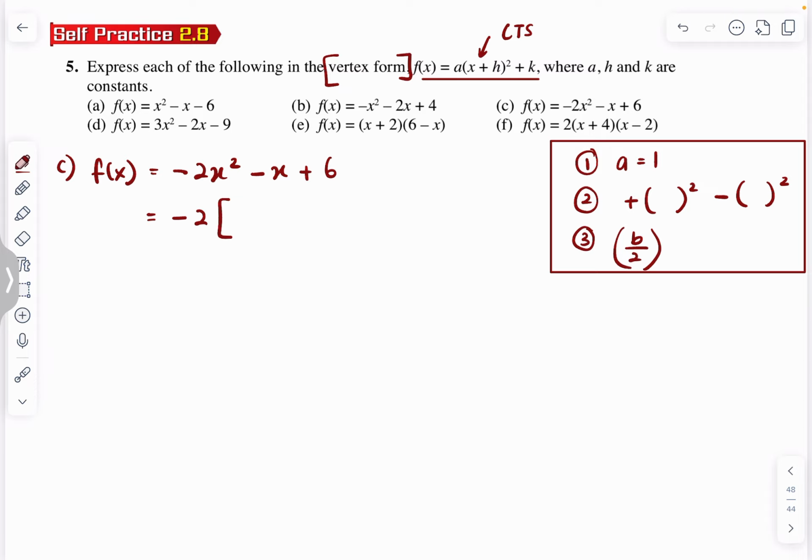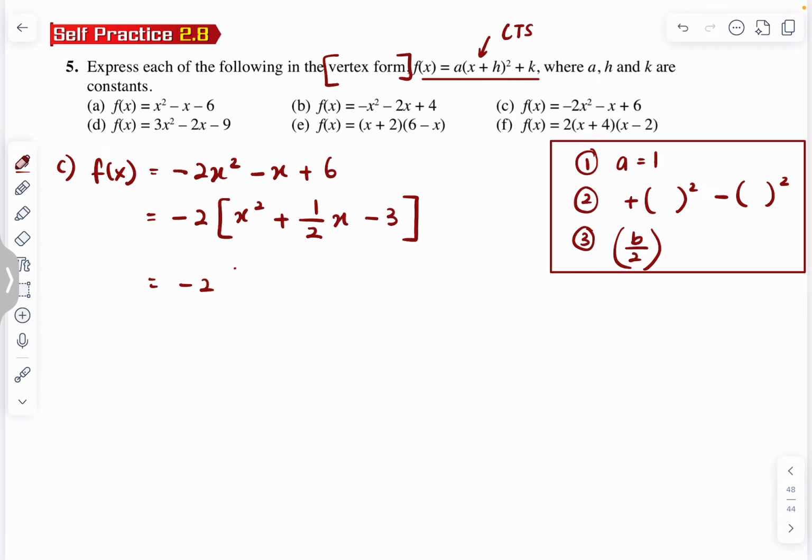So we have to factor out the negative 2. So here we'll be left with x square. Then negative x divided by negative 2, we will get positive x over 2. If you want to write it like this also can, 1 over 2x. Then 6 divided by negative 2, we get negative 3.